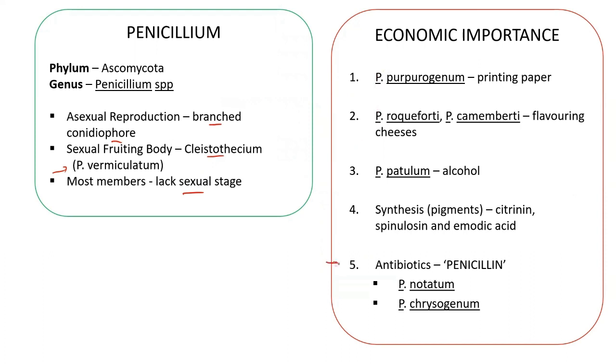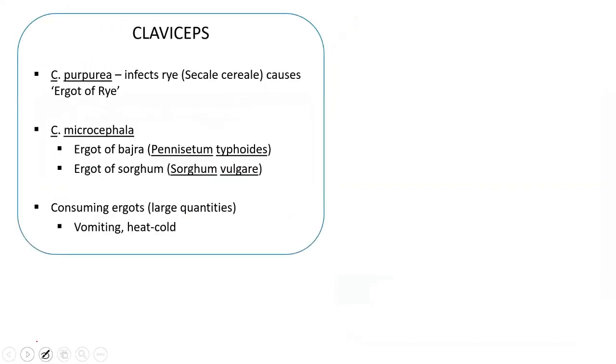Like the antibiotic penicillin is extracted from P. notatum and Penicillium chrysogenum. Moreover, you should also know some other things like the pigments that are extracted from Penicillium, like citrinin, spinulosin, and amodic acid. So just have a look at the economic importance.